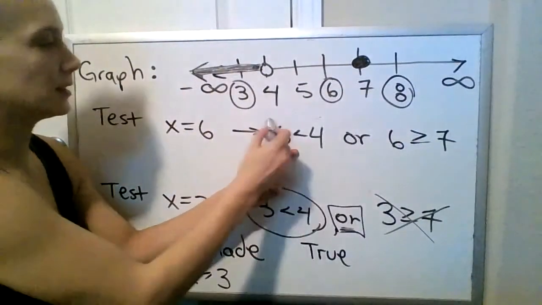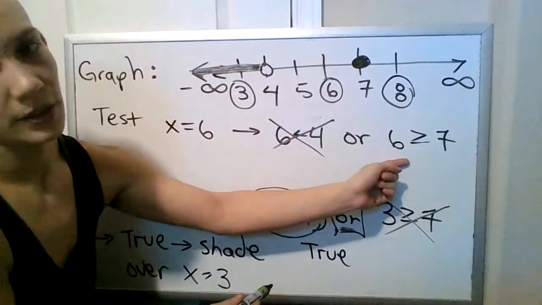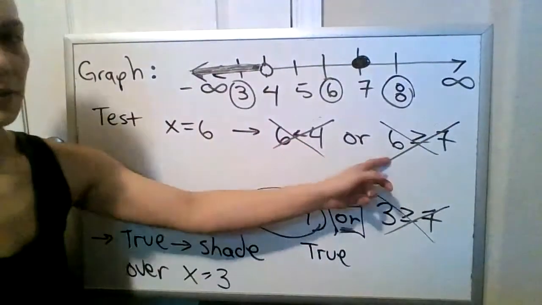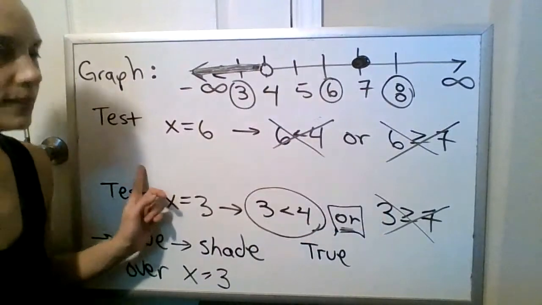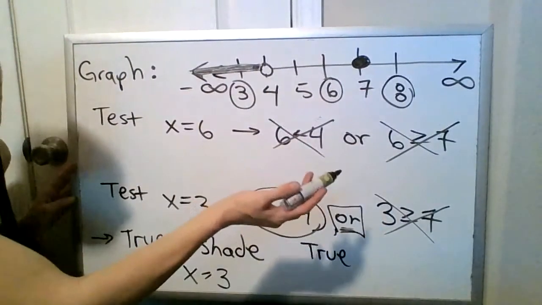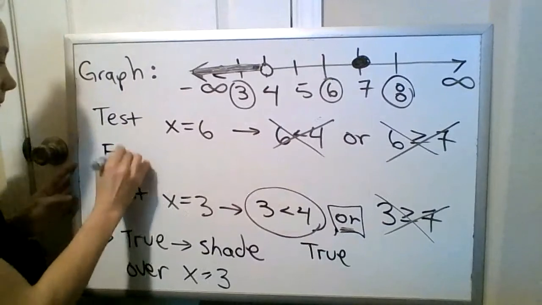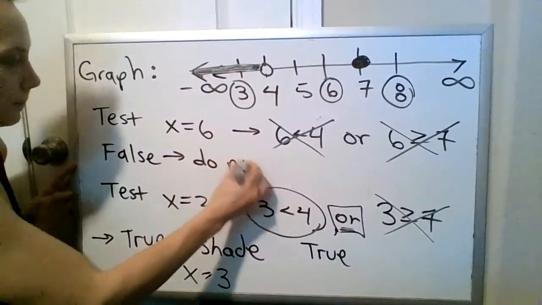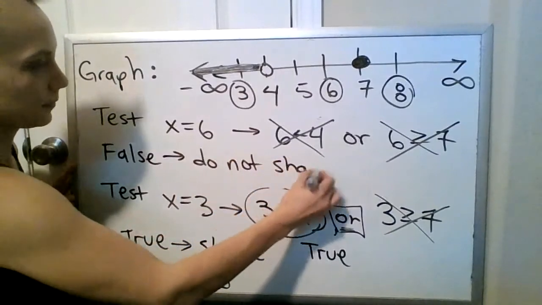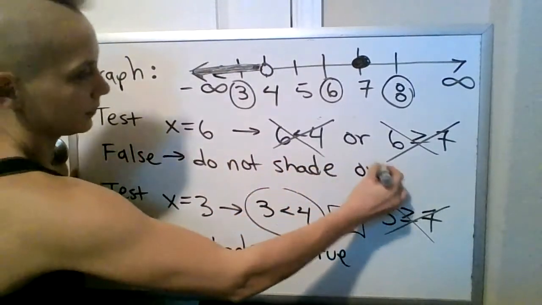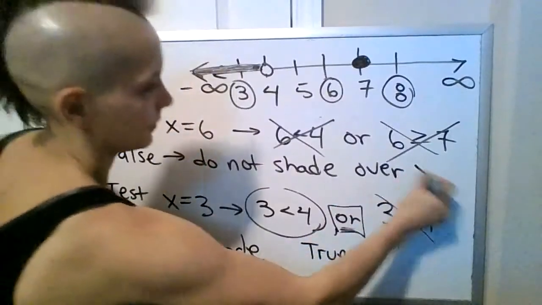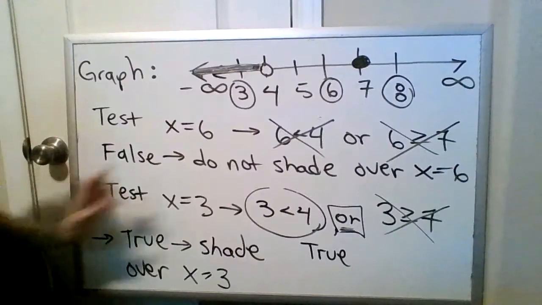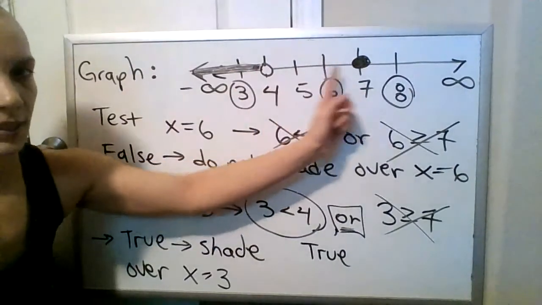That's false. 6 greater than or equal to 7 is also false. So here, if neither of them is true, then the statement is false. So that part is going to stay blank.